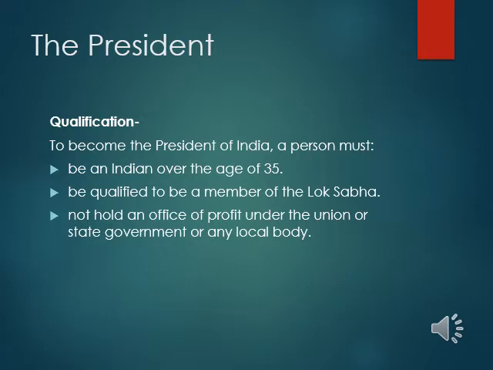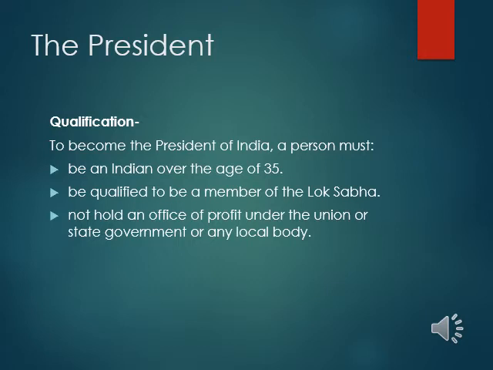Now we are going to discuss the qualification for the election of the President of India. To become the President of India, a person must be an Indian over the age of 35 years. It means for the election of the President of India, the minimum age is 35 years. He or she should be qualified to be a member of the Lok Sabha.